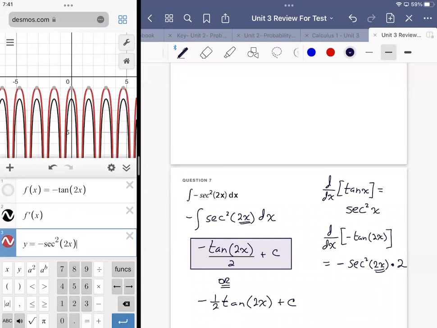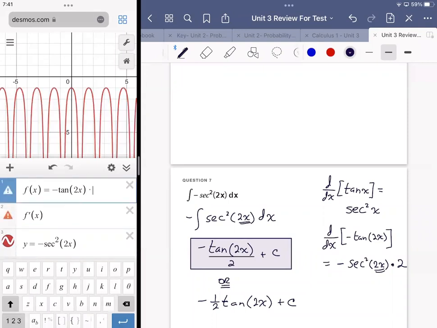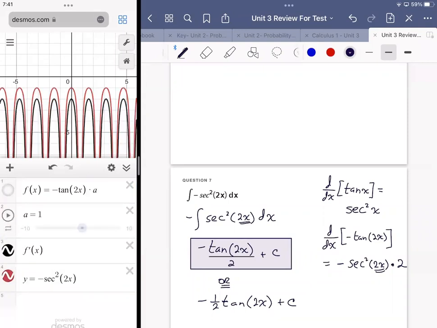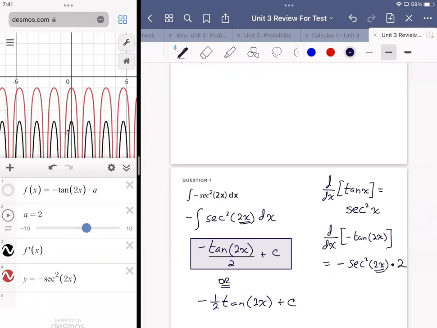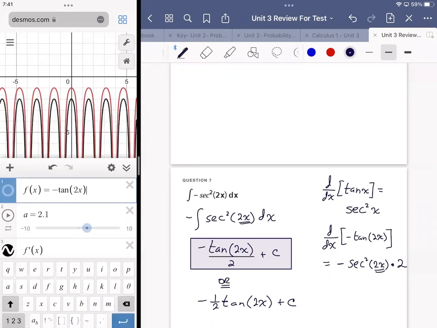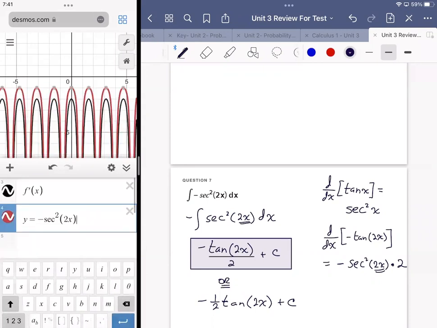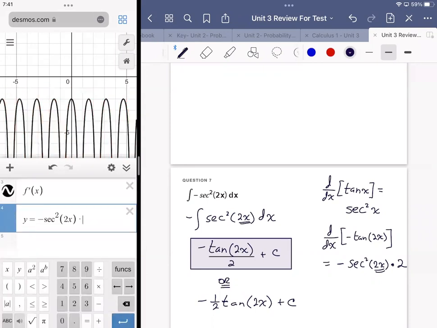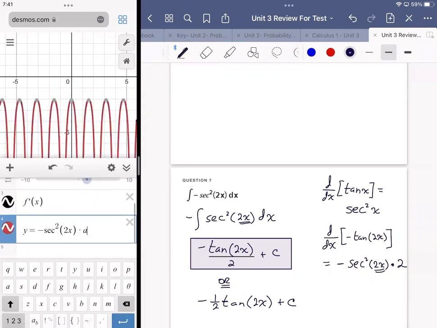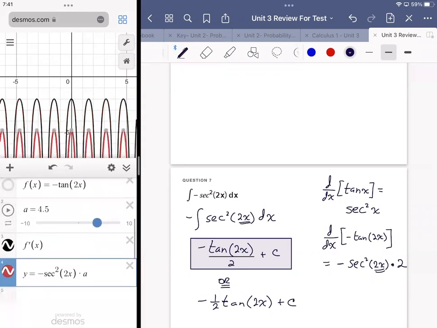Some constant multiple. So what I would do is multiply this by some value a, create a slider for it, and start sliding around. Oh, sorry, not the function, the derivative. So multiply what I think the derivative is by some constant value a, and slide it around until I get a match.